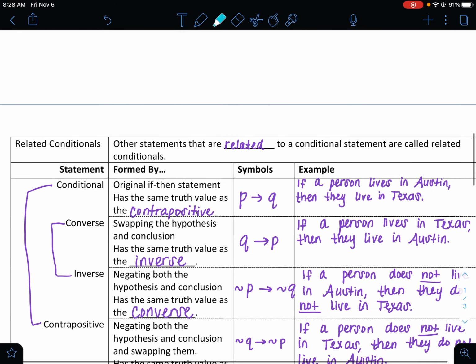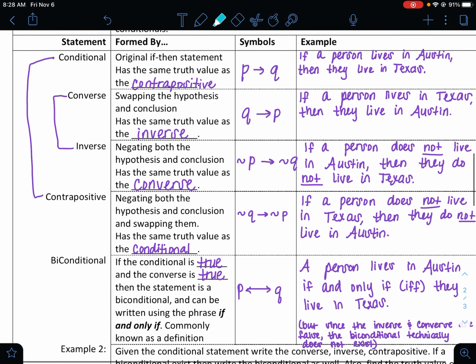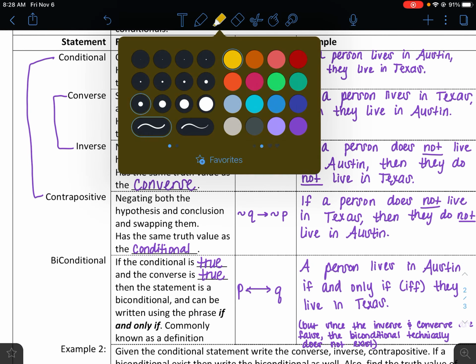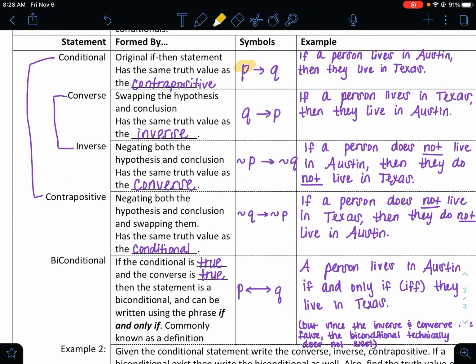Related conditionals are just other statements that are related to conditional statements. Conditional statements are formed in the if-then format, and this is the symbolic way to write it.